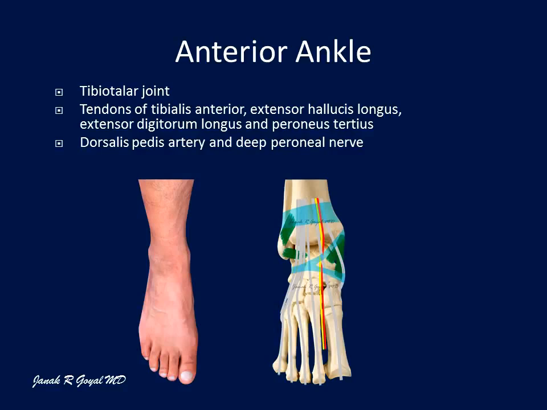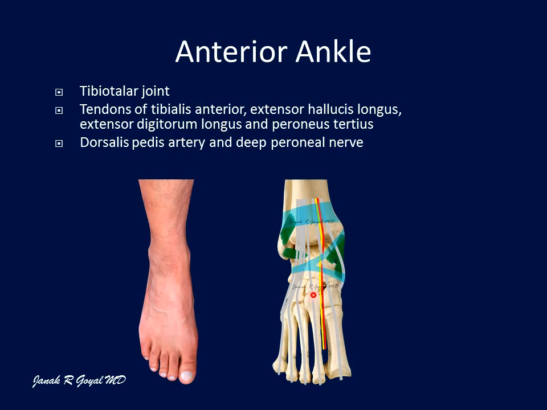Structures evaluated during the sonographic examination of anterior ankle include the tibio-talar joint and from medial to lateral tendons of tibialis anterior, extensor hallucis longus, extensor digitorum longus, and peroneus tertius.